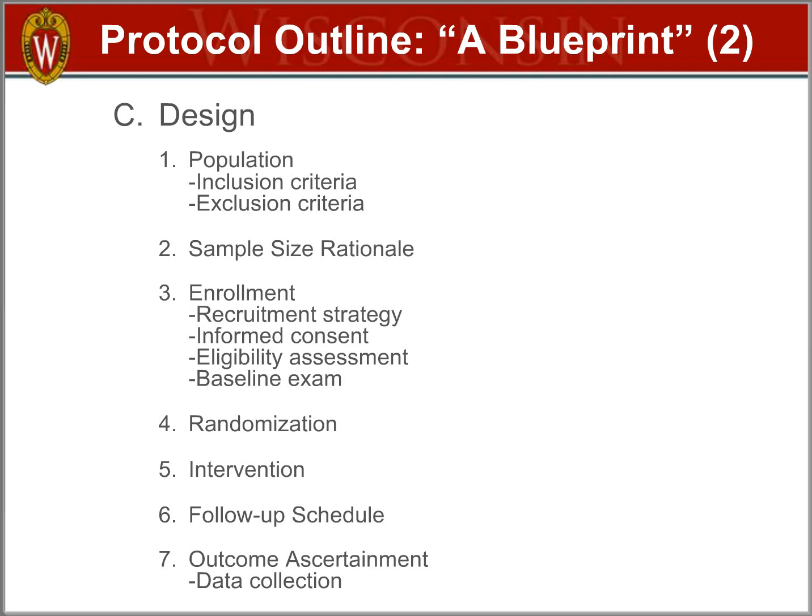That includes the population you intend to study, inclusion criteria, exclusion criteria, some rationale for the sample size, a plan for how you intend to enroll patients. One of the critical elements of any trial is the recruitment strategy. It's easy to underestimate the challenges in recruiting patients. You need to define the randomization plan, and we'll examine that in some detail. Of course, you need to define the intervention you're going to study, the frequency of follow-up, and what data is collected at each of those follow-up visits.